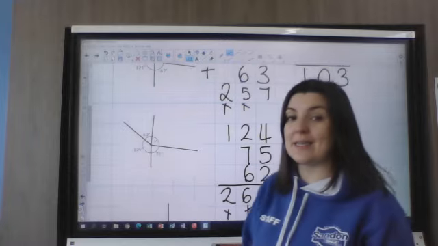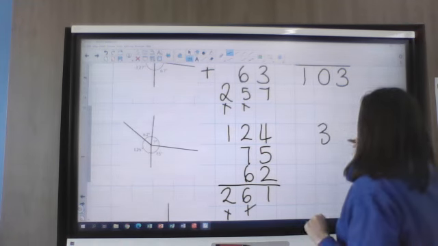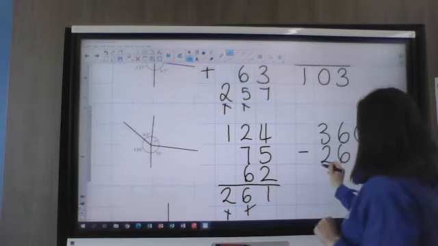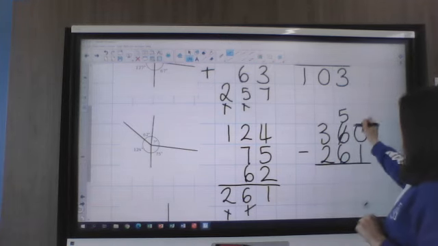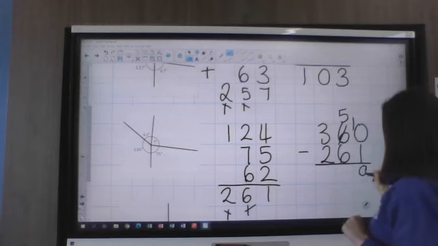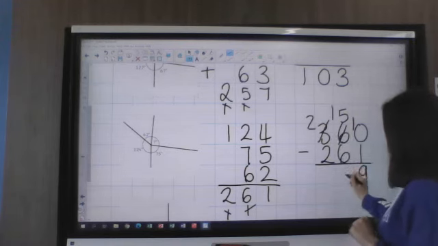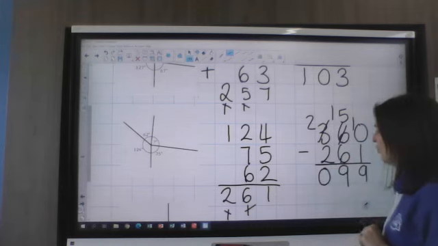So I've got 261. And then to work out my missing bit, I do 360, take away 261. Okay, so 0 take away 1 I can't do. So 10 take away 1 is 9. Can't do that. 15 take away 6 is also 9. 2 take away 2 is nothing.